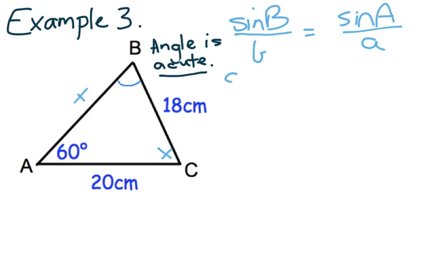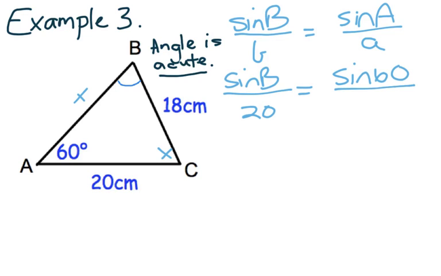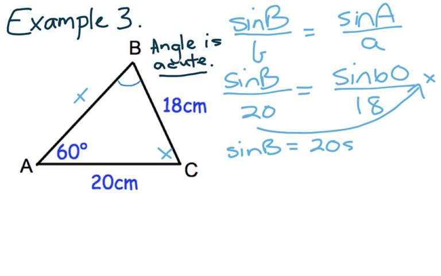So then we put in what we know. Sine of B on 20 is equal to sine of 60 on 18. Then we just do like we did before. We move the 20 to the other side and it becomes times. So we've got sine of B is equal to 20 sine 60 on 18.